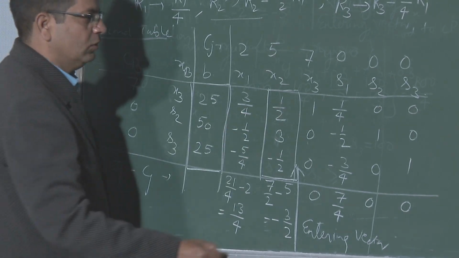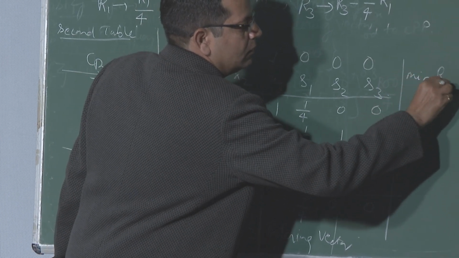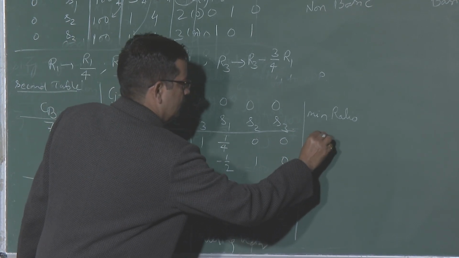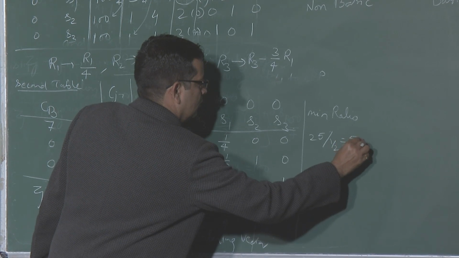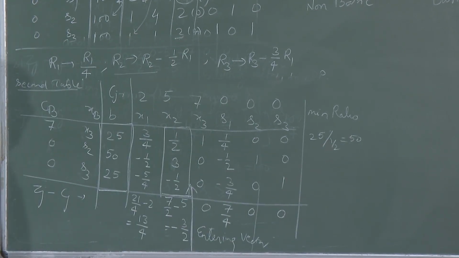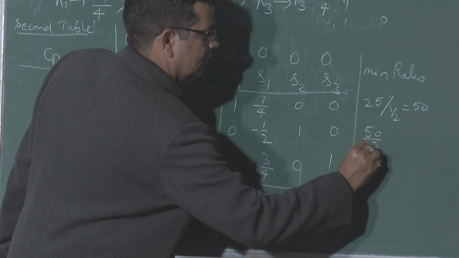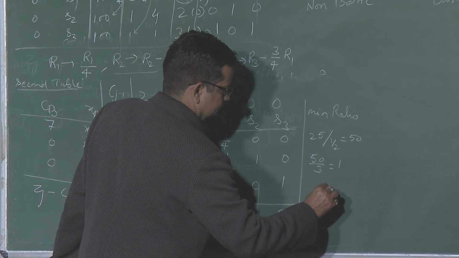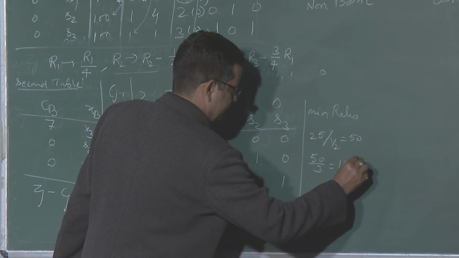So, the minimum ratio I am writing here: it is 25 upon 1 by 2, it is 50, and second is 50 upon 3, it is nearly 16.66.